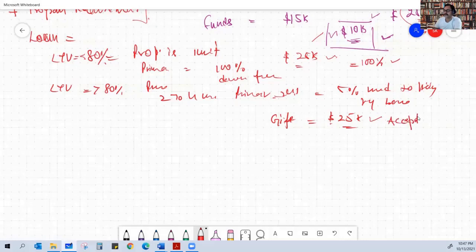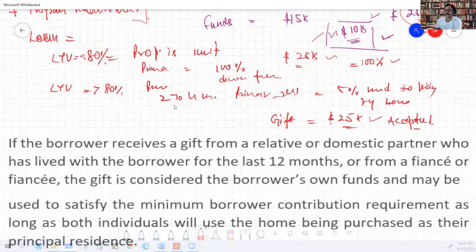Let's say in our program it is written that the borrower needs to pay 5% from his own pocket, but the borrower is receiving 25,000 from his fiance or from someone who is living with the borrower. In that case, since they are going to occupy the same property, we can accept this amount as borrower funds, not as gift, but as borrower funds only, because the person giving this gift is already living or going to live with the borrower.